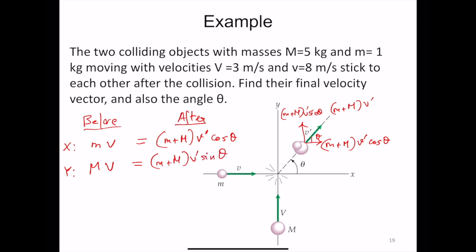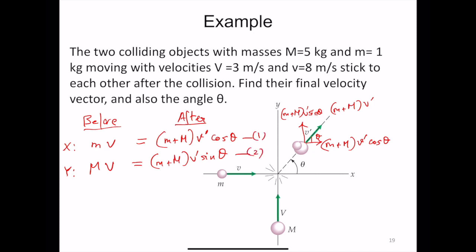So I have two equations and two unknowns, which means the physics part of this problem is done. Now I just need to algebraically solve these equations to find the angle and v prime in terms of little m, capital M, little v, and capital V. Let's call this equation number 1, and this equation number 2.